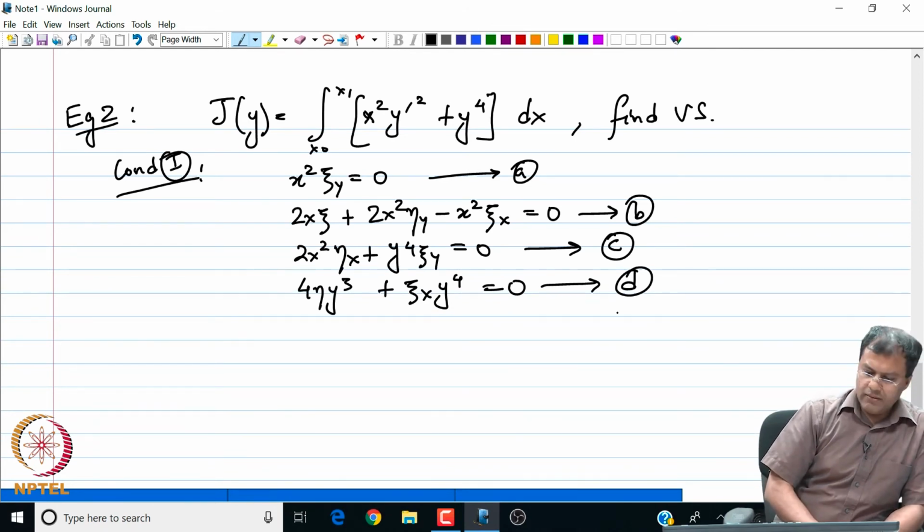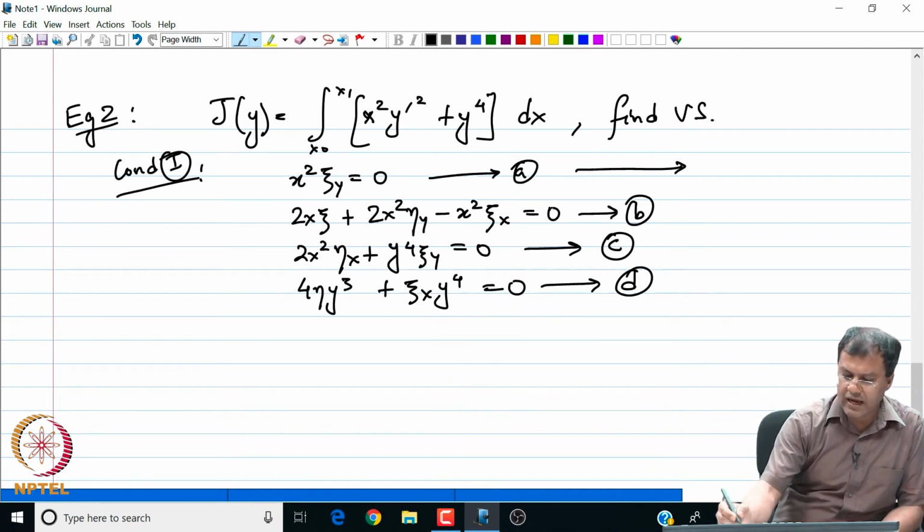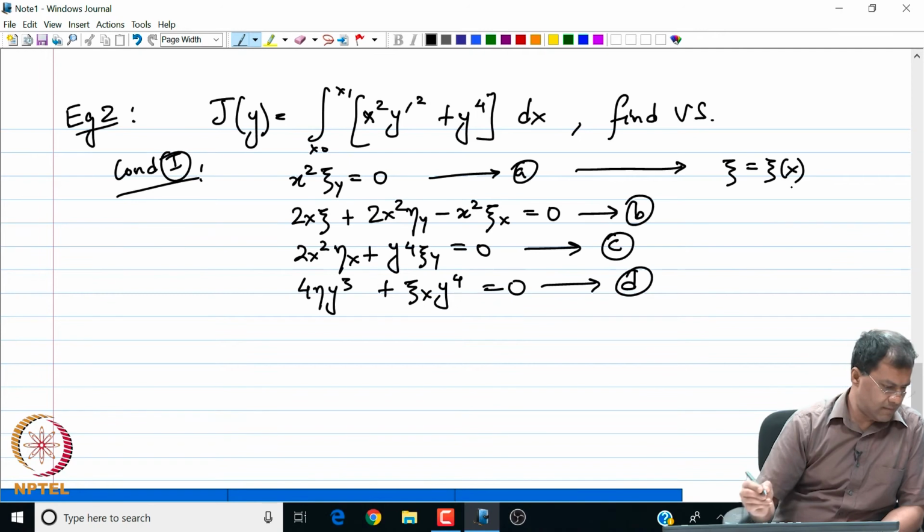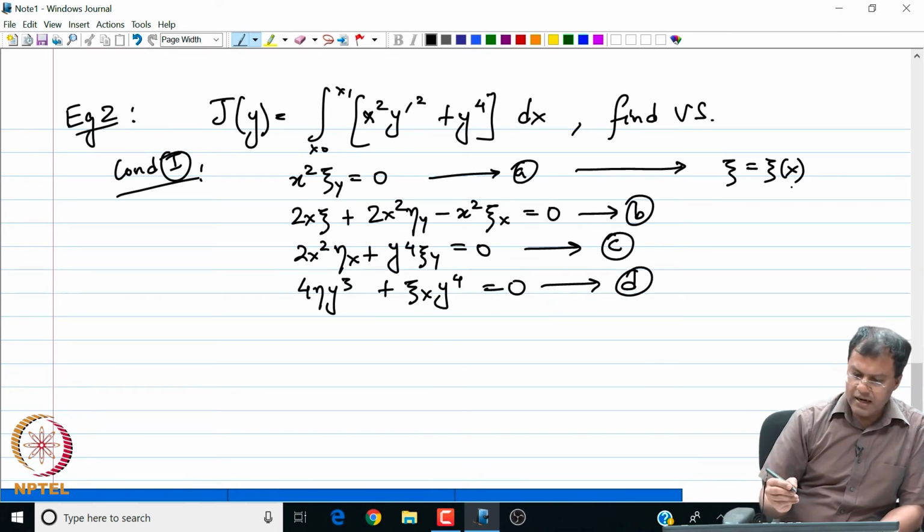Right. So, from the first relation I can immediately conclude that xi is a function of x.